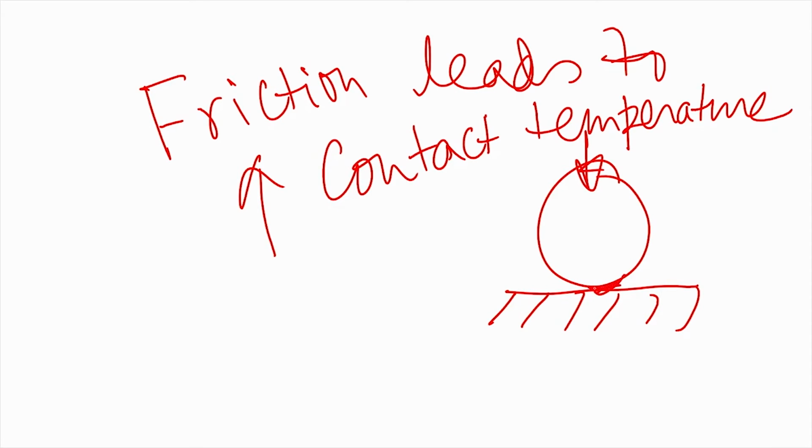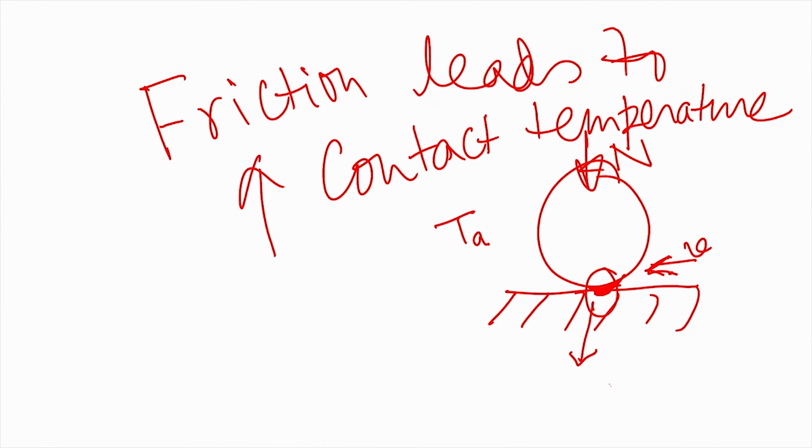I will use this kind of model multiple times in this course. This ball is pressed against the flat by normal force N, and then there is a sliding motion V between these two.